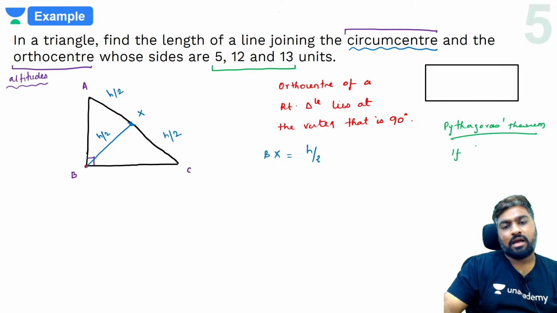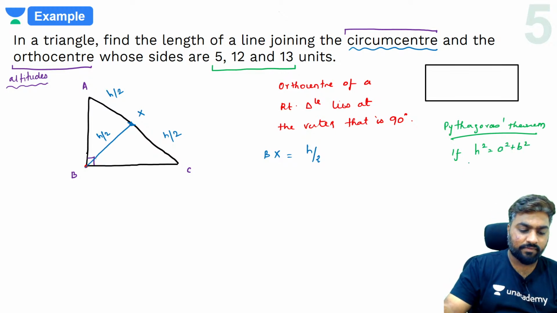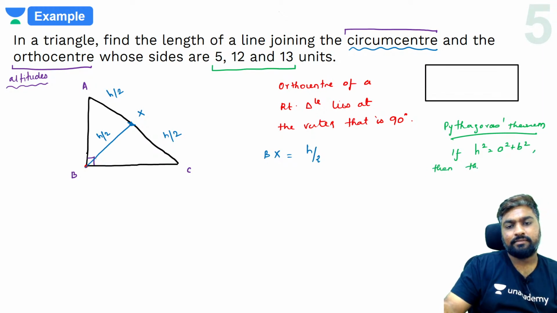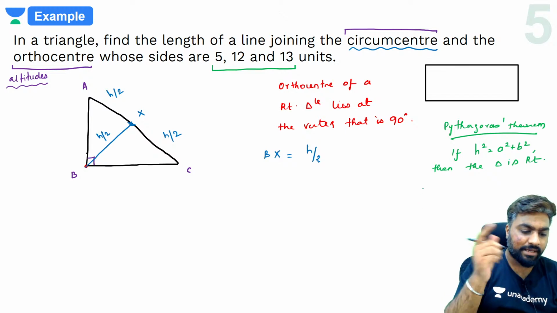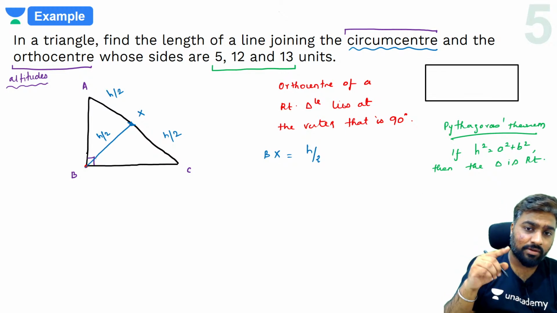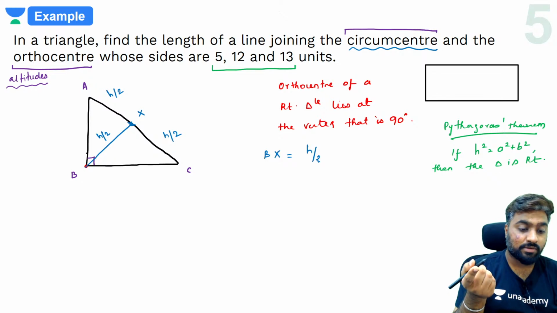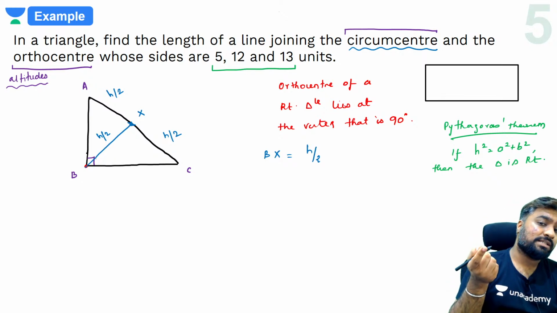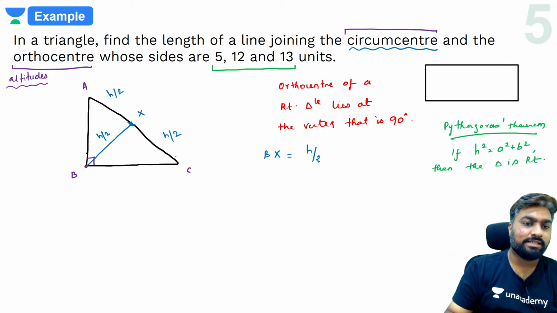If hypotenuse square is equal to sum of the square of the other two sides, then the triangle is right. है ना? उल्टा भी है. अगर राइट ट्राइंगल है तो हेड स्क्वायर शुड बी इक्वल टू ए स्क्वायर प्लस बी स्क्वायर. अगर हेड स्क्वायर इज इक्वल टू ए स्क्वायर प्लस बी स्क्वायर, देन द ट्राइंगल इज राइट.